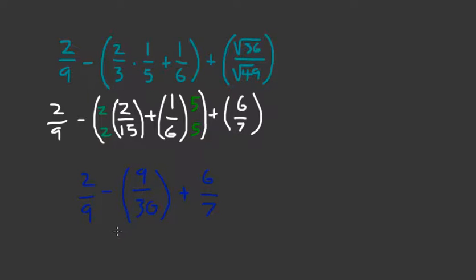Okay, and now we're going to solve by going from left to right. So we need to find the common denominator between these two right here, because we can't just subtract 9/30ths from 2/9. So what is the common denominator between these two?